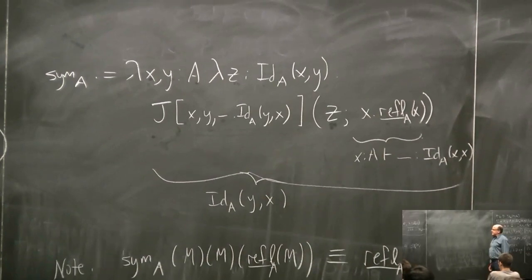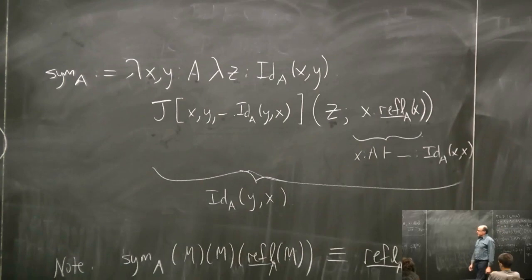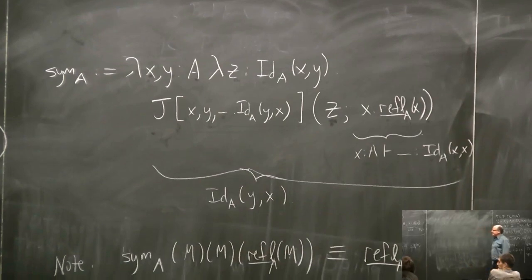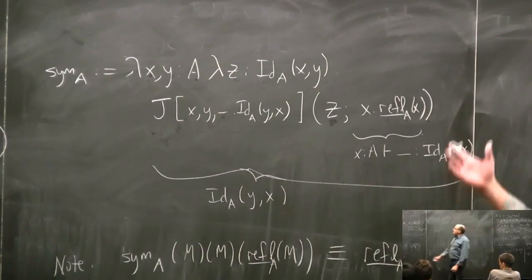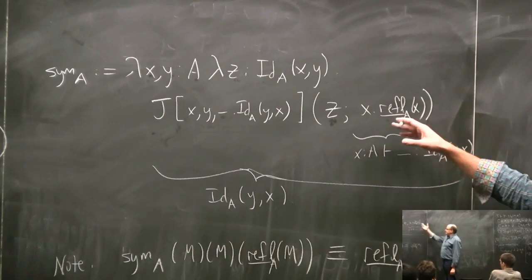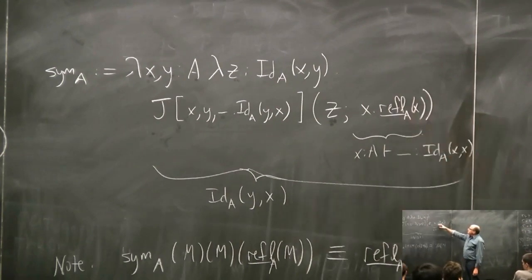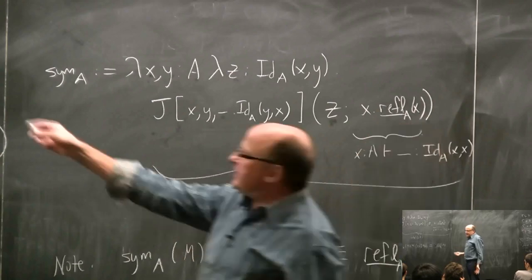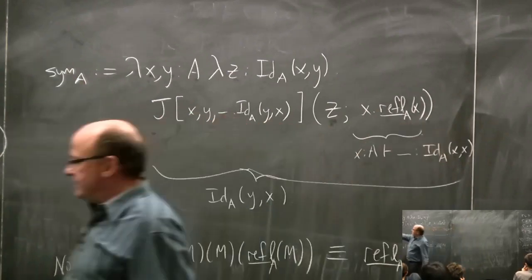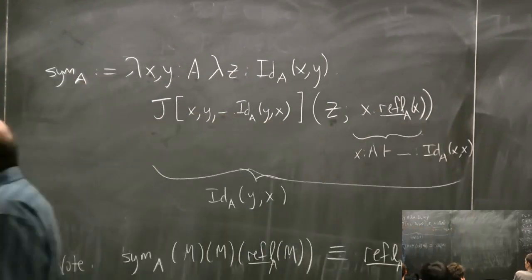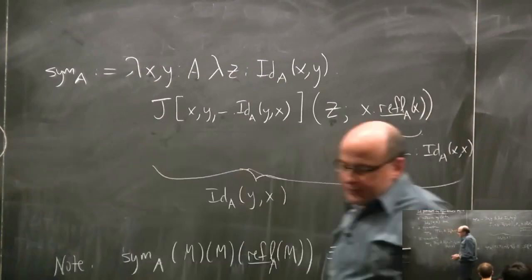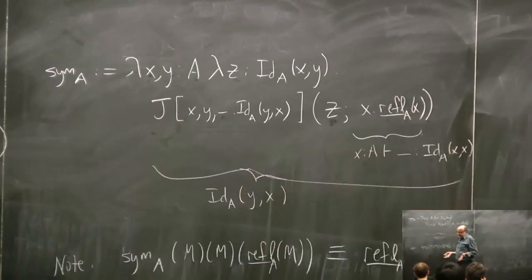Now the thing you're no doubt asking yourself, and that's perfectly reasonable, is that in some sense there's some inevitability to this because ultimately the only paths I have my hands on are reflexivity, so everything must boil down to reflexivity in some way. And that is what's going on, because what I'm really saying here when I say the identity presents the equivalence relation, what I'm saying is the diagonal relation is symmetric and transitive.